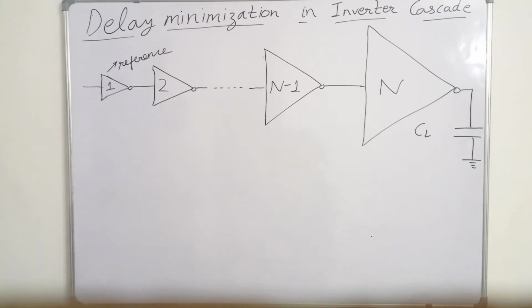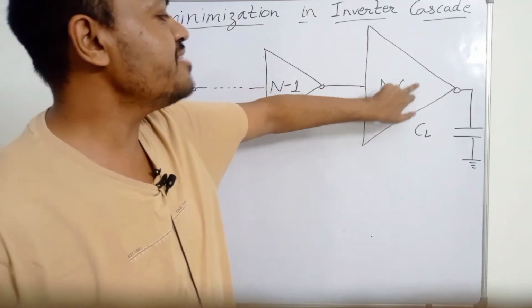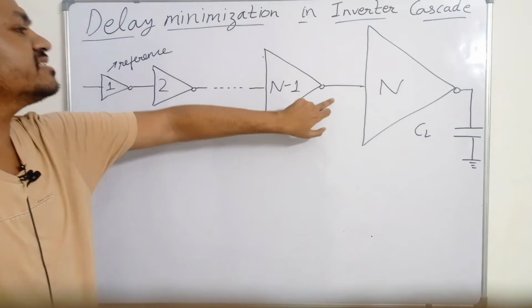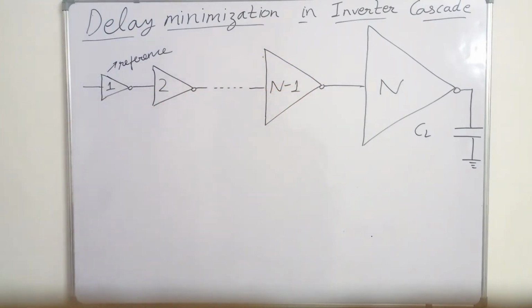This CL is driven by a very large inverter n, and this inverter is driven by a smaller inverter n minus 1. All these inverters get bigger in size as we move.